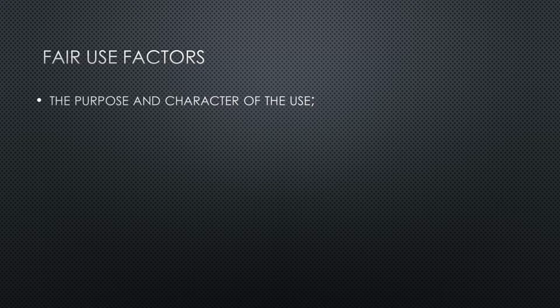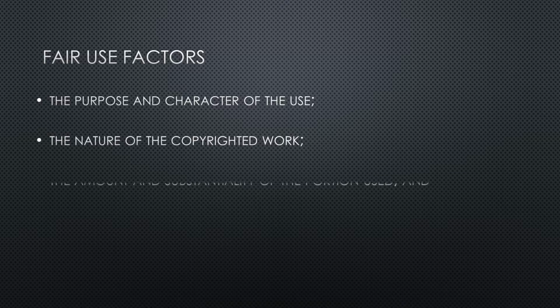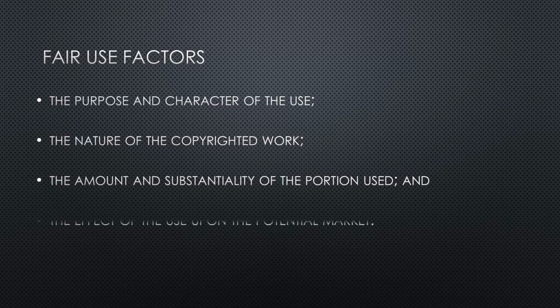The purpose and character of the use, including whether such use is of a commercial nature or is for nonprofit educational purposes. The nature of the copyrighted work. The amount and substantiality of the portion used in relation to the copyrighted work as a whole. And the effect of the use upon the potential market for or value of the copyrighted work.